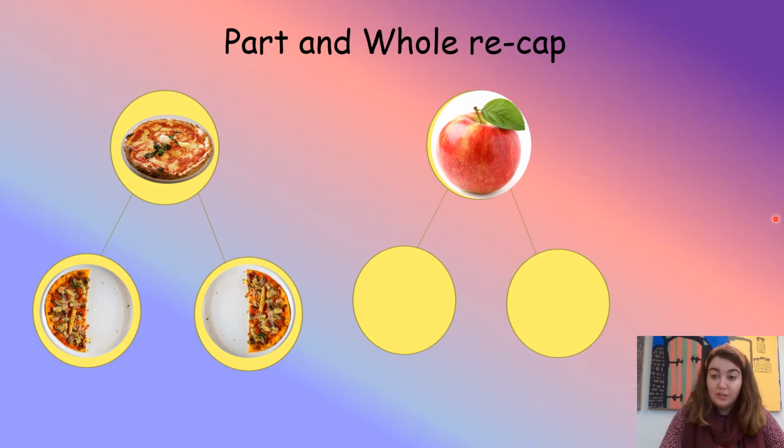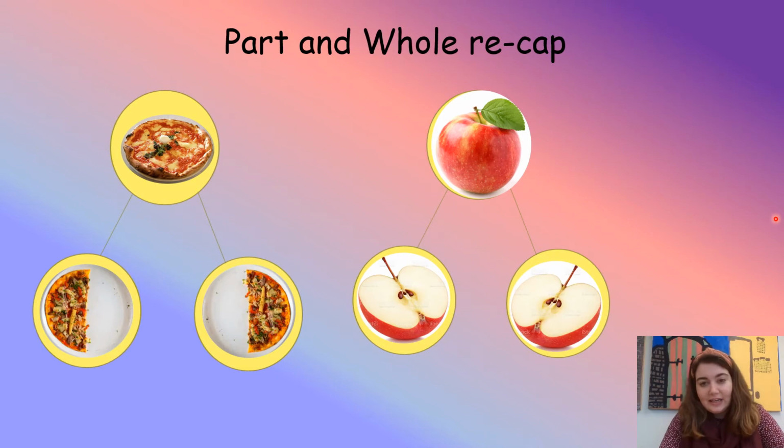So we're going to break the apple into two parts, one part in that side and one part in that side. So if you're looking at this part whole model, at the bottom we have two parts, and at the top we have the whole, because two parts make the whole and one whole can be broken up into two parts.